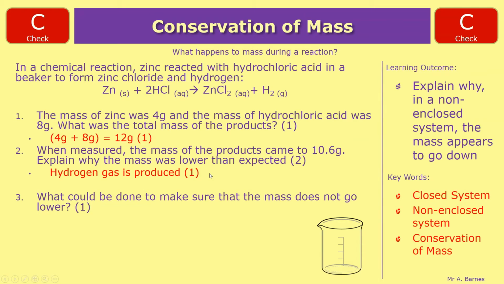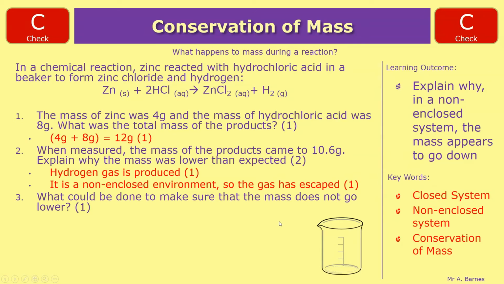The second thing, if that's been produced, our beaker here is not in a closed system, it's a non-enclosed system. So it's a non-enclosed environment, so the gas has escaped. In some mark schemes you might get away with just saying it's a non-enclosed system. You might get away with saying the gas has escaped. I would always try and put both.